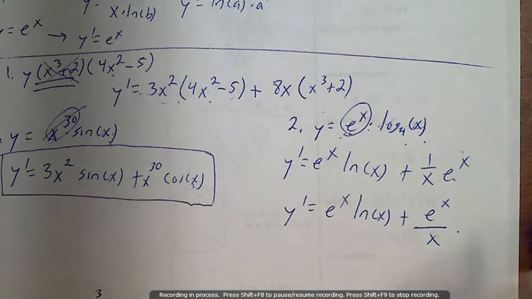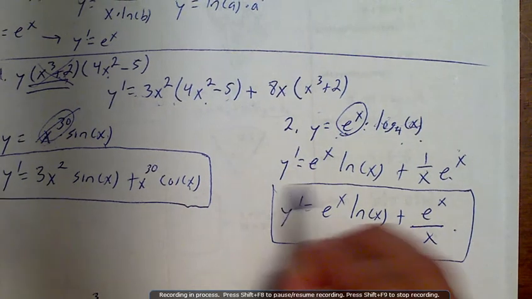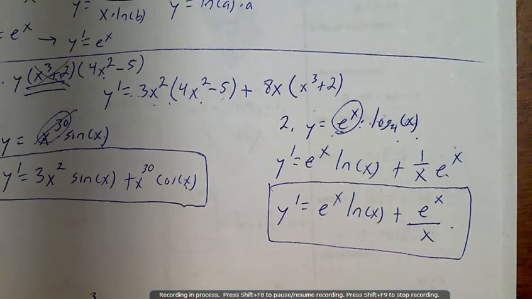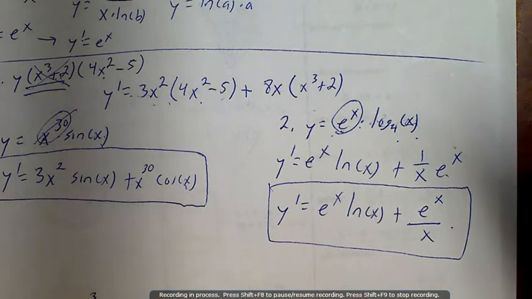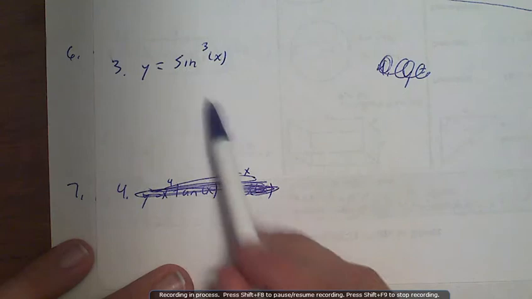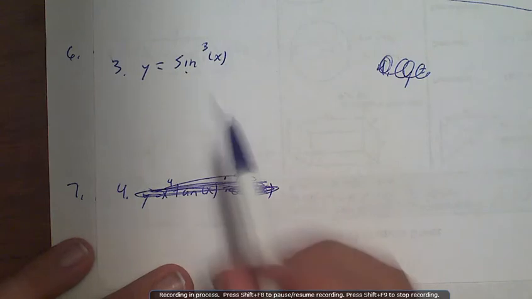Okay, another example. y equals sine cubed of x. Now sine cubed, think of it this way: it's sine times itself 3 times. So y equals sine of x times sine of x times sine of x.